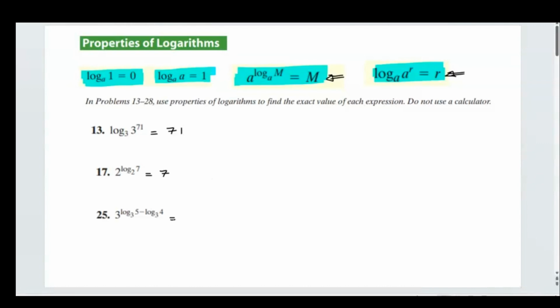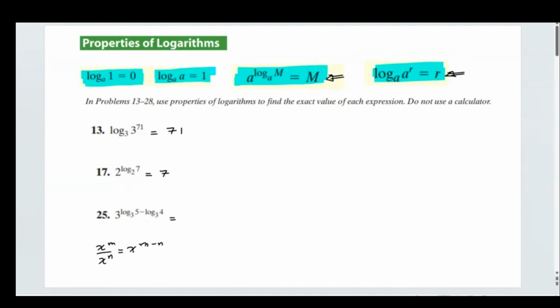Now here we have to use a property about exponents, or the rule of exponents, to say that x to the n over x to the n is equal to x to the power of n minus n. So that means that when you have a quotient of two exponential expressions with the same base, you can subtract exponents.